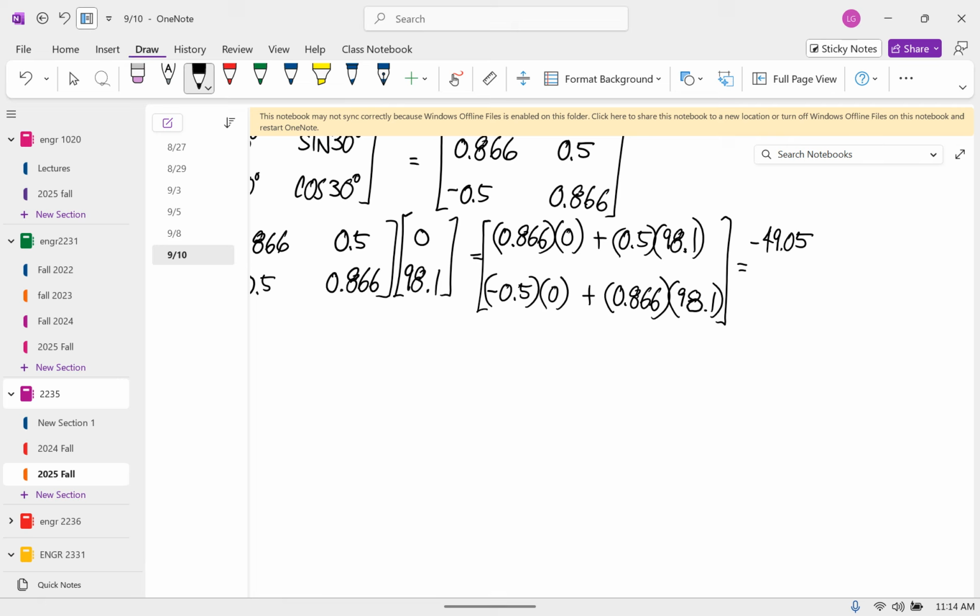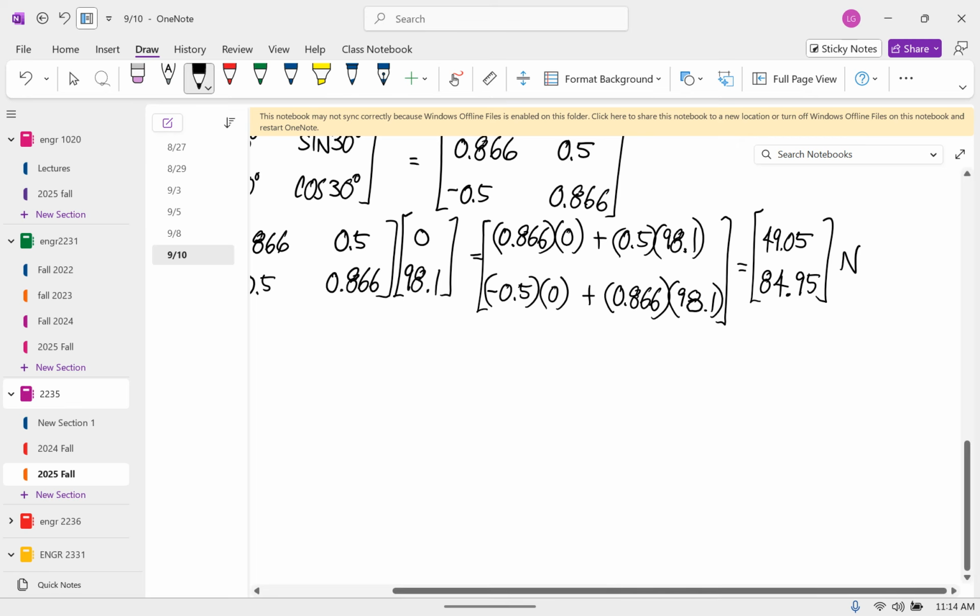Yeah, everything's positive, isn't it? You're right. And we can check that because we know what quadrant it would be in. That's true. And 84.95. We're rounding. Okay, yeah. I'm going to leave it.